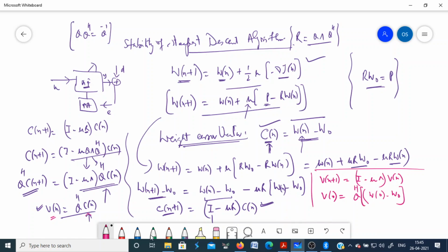This is V(0), the vector at time n, basically transformed from C(n), and C(n) itself is the weight error vector. So C(n) is W(n) minus Wo, and W(n) for n equal to 0 is W(0). If you assume that at the starting point W(0) is 0, the initial vectors are 0, it is minus Q^H into Wo.